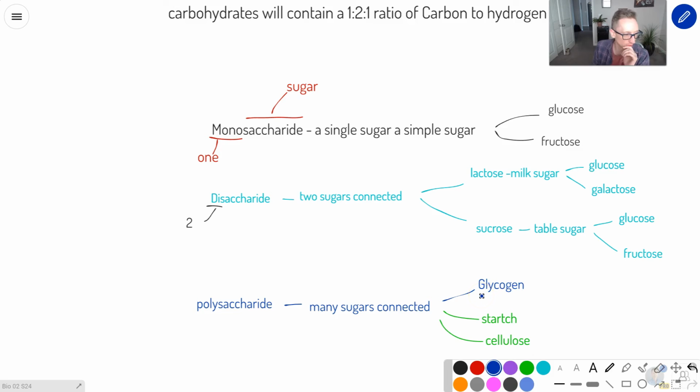It's many, many sugars. It's a big old long chain of sugars. This is in our liver mostly. We can also have this in our muscles as well, liver and muscles. Energy storage. And like I said, we have about a day's worth of calories of glycogen within our liver.